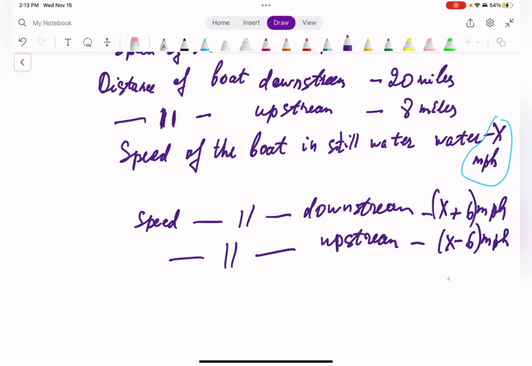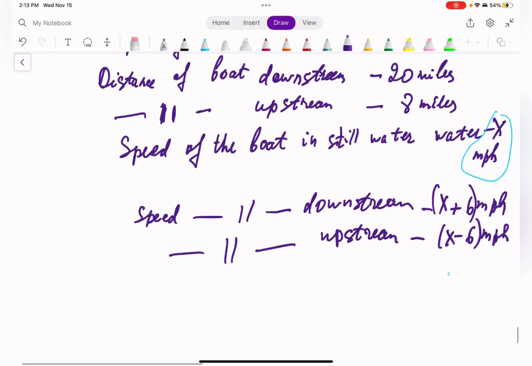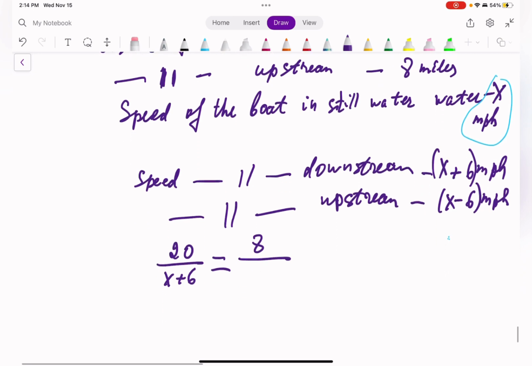For 20 miles downstream, upstream 8 miles. So we are going to get: downstream is 20 miles, 20 divided by the speed to get time, right? x plus 6. And it's going to equal 8 miles upstream divided by the upstream speed, x minus 6.